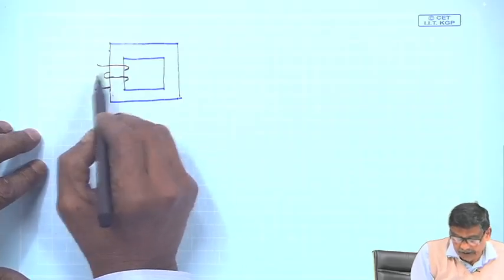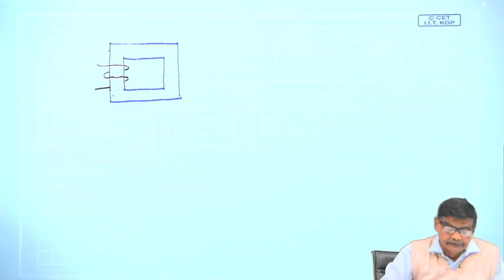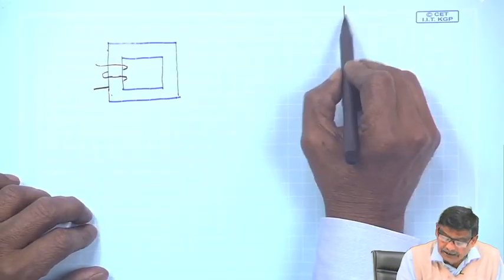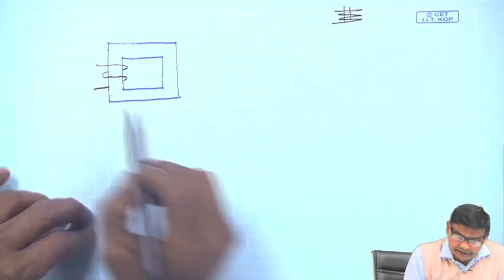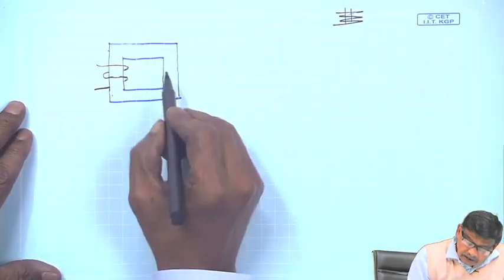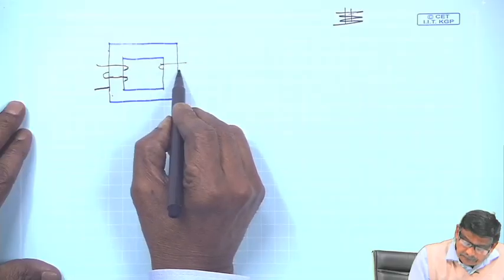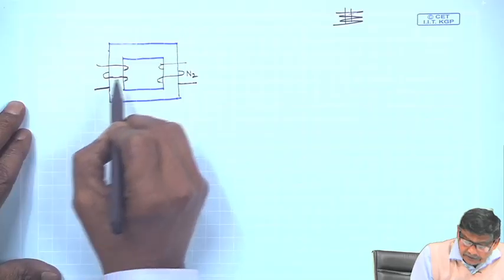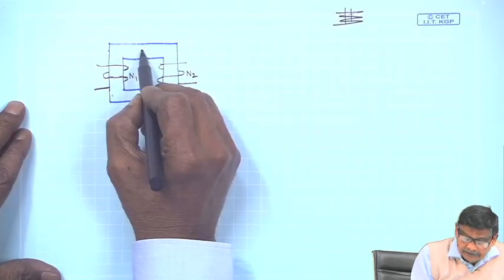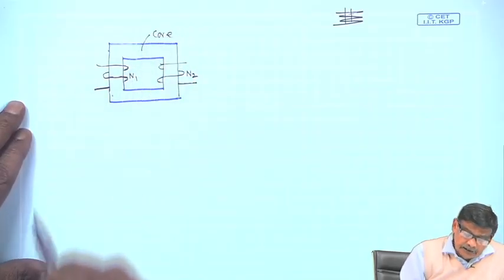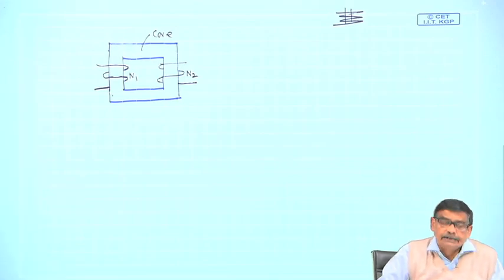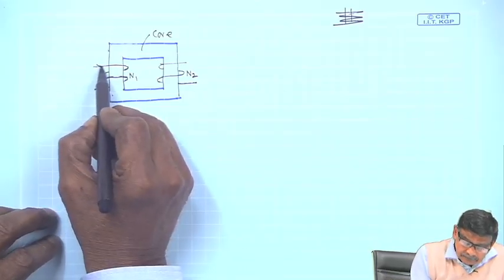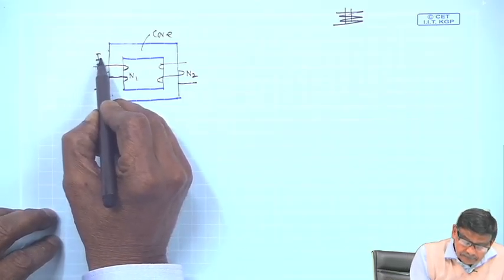See, while drawing the coil, I have drawn it rather in detail, showing its sense of the winding. Okay. I have not drawn it like this, never draw like that, better draw in this fashion, and this is the another coil. This has got number of turns N2, this has got number of turns N1, and this is the core. Now, let us imagine I have only energized the primary coil with a DC current I1.